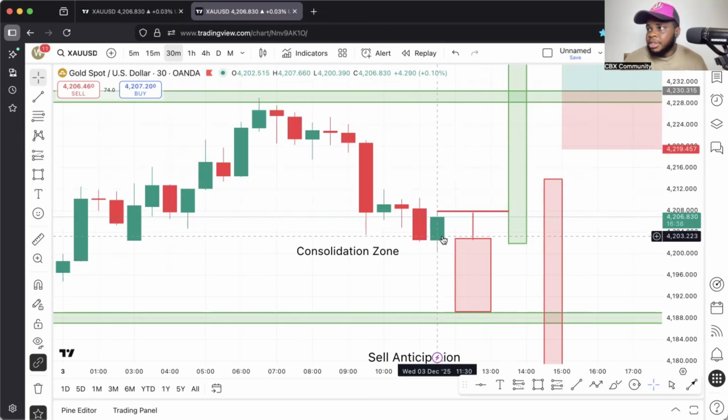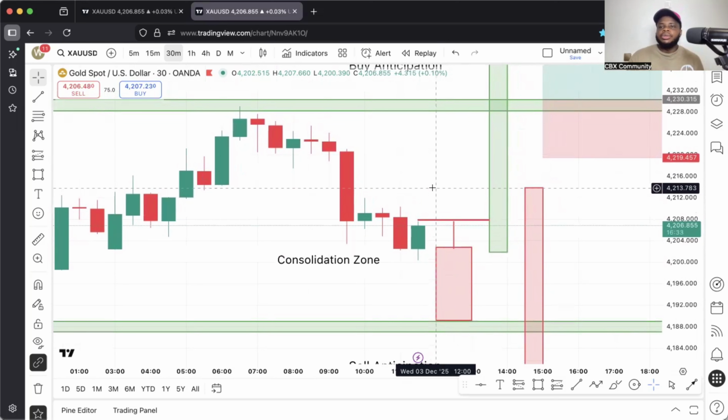This candle is left with 16 minutes before it will close. So let's see what the candle wants to do. Let's be patient until we identify a structure.